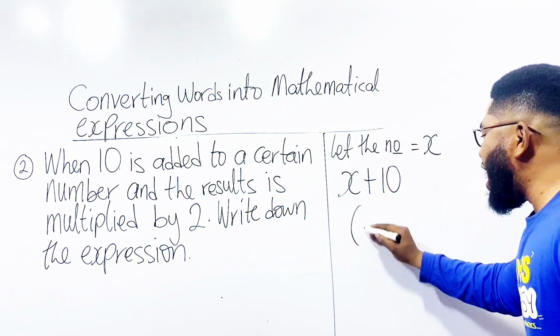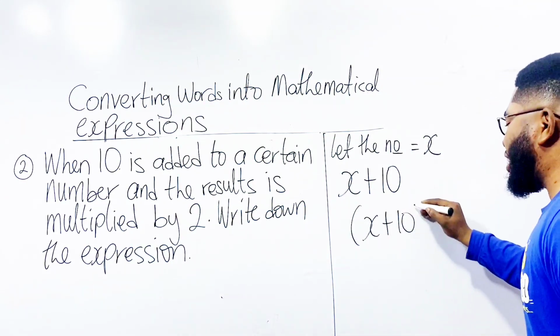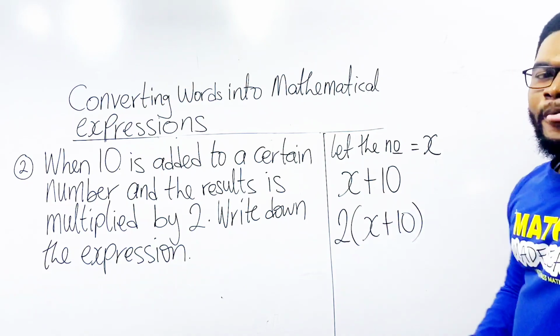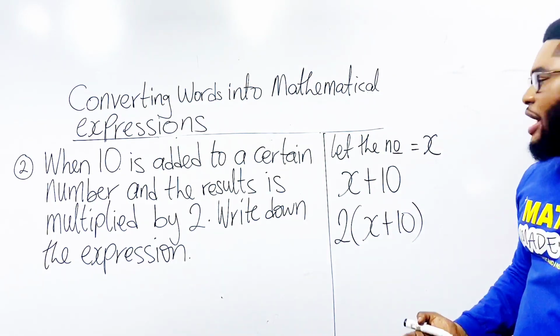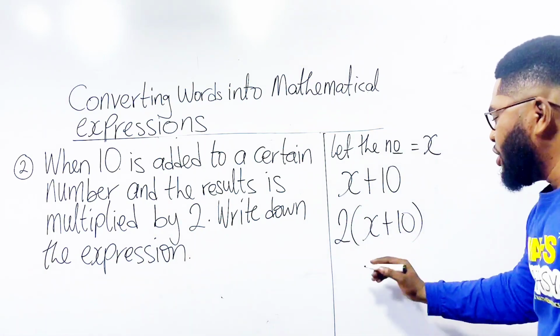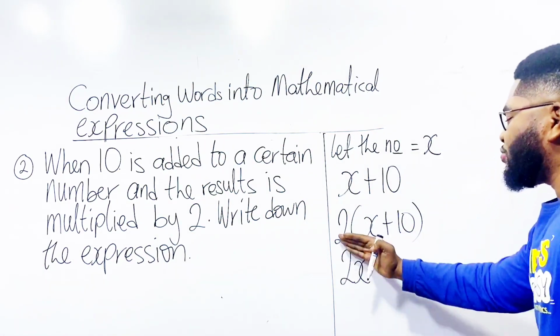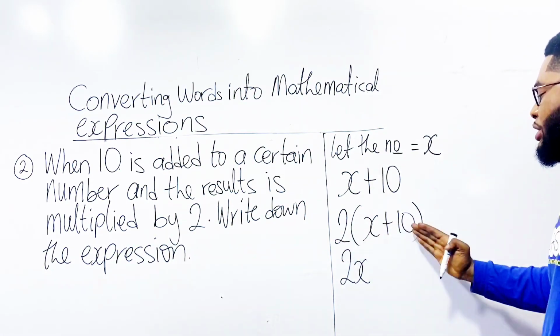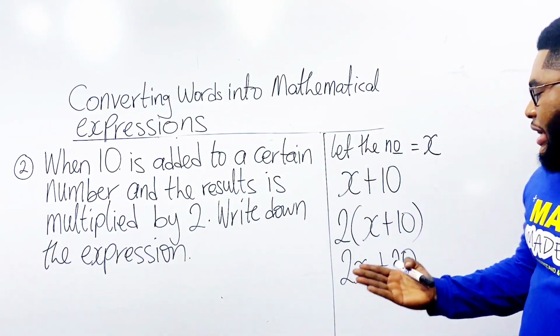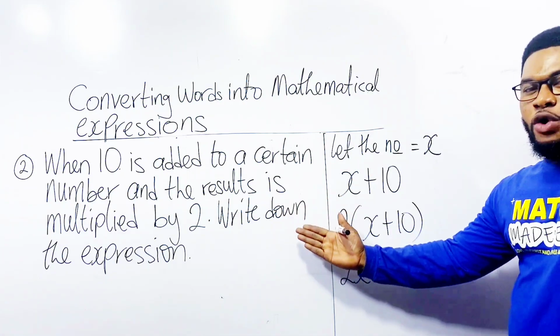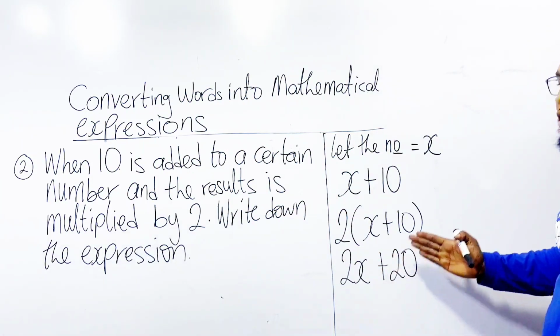So meaning x plus 10 with a bracket multiplied by 2. Now the best way to use the multiplication sign will be the bracket. So let's expand. It becomes 2 times x, which is 2x. Now 2 times 10 will give us 20, so plus 20. So finally, the expression that we are looking for will be 2x plus 20.